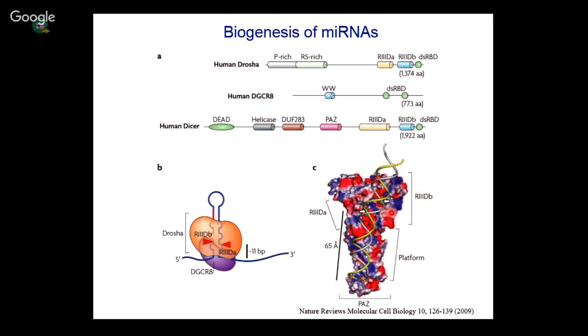Sorry, it's not clear. The green dot here shows the catalytic site, and there are two catalytic sites. That's why the product of Dicer has a two nucleotide overhang at the 3' end, because the cleavages are not parallel to each other.